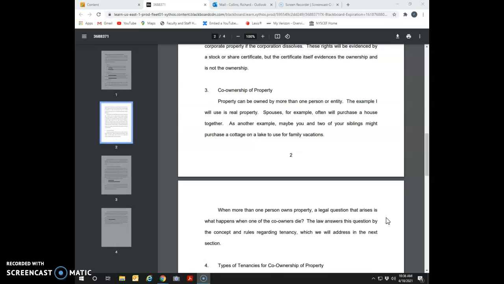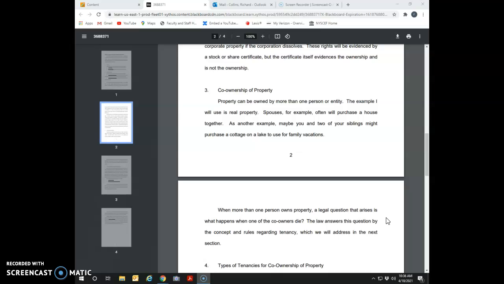However, maybe you and 2 of your siblings, it's entirely up to you folks, but when one of you dies, if you all 3 still own the property together, that person's share doesn't go to the other 2, as the share of the deceased spouse went to the other spouse, but maybe the share goes to the estate of the deceased sibling.